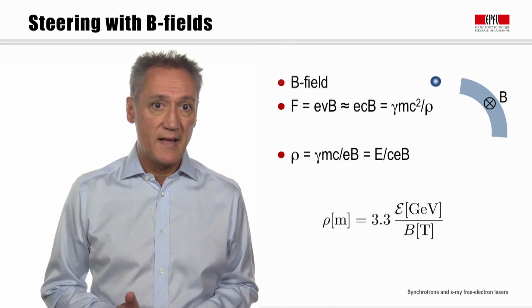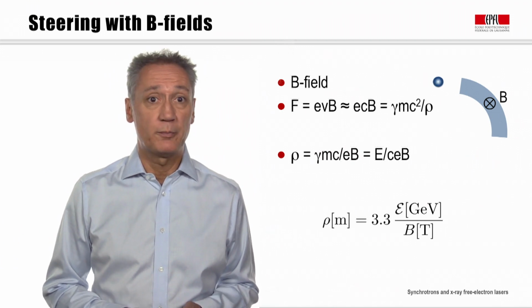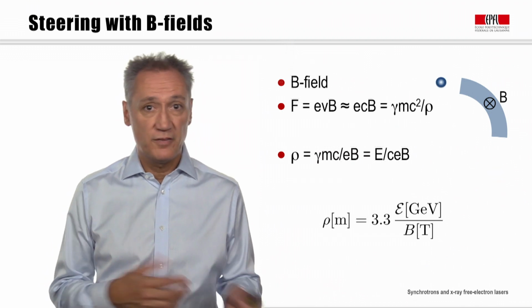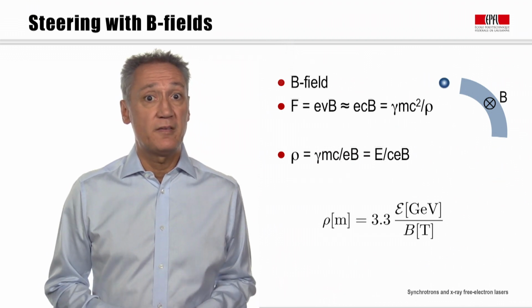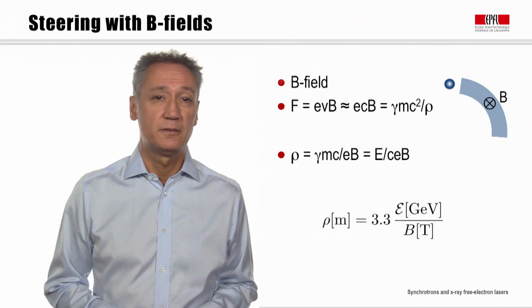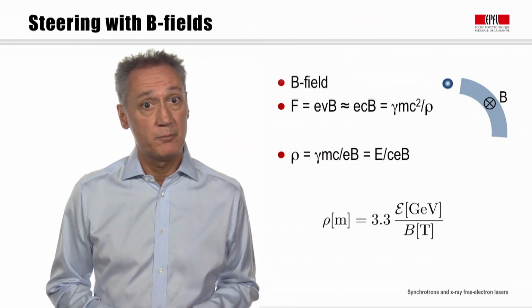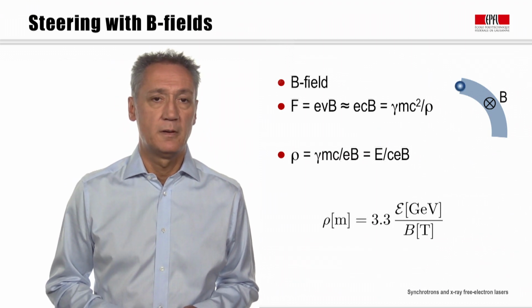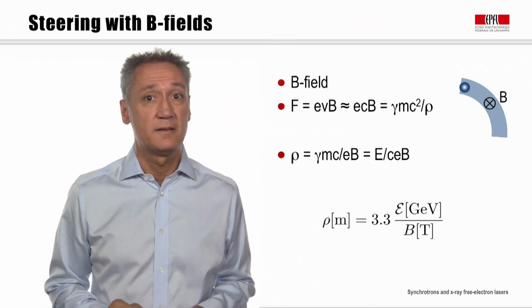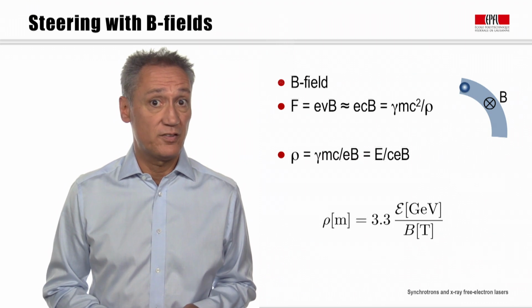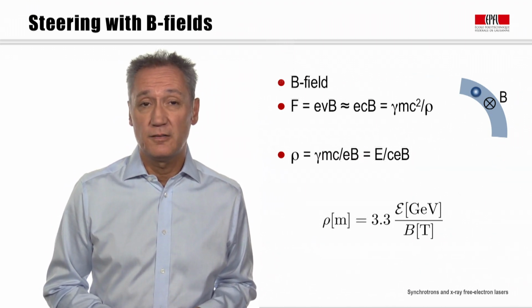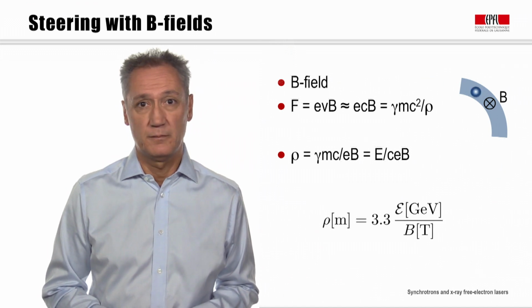Equating this to γmc²/ρ, the centripetal force, and then rearranging this equation, we see that the bending radius ρ equals γmc/eB. But γmc² is equal to the electron's kinetic energy, E. Hence, ρ is equal to E/ceB.